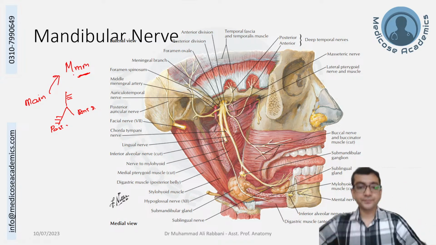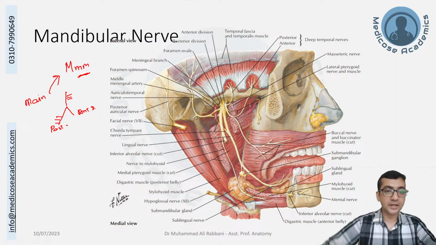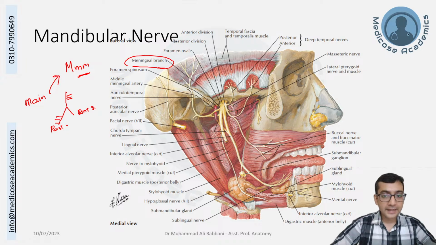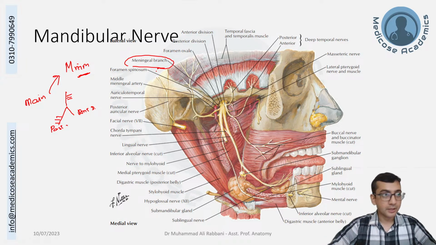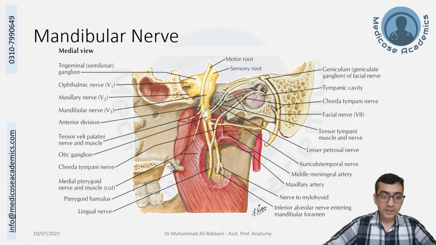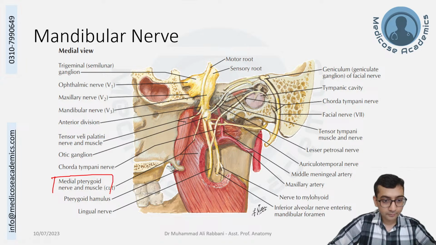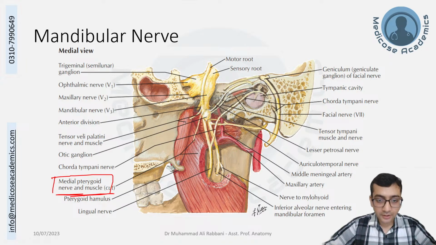The main trunk gives rise to a meningeal branch, and it gives rise to a nerve that is going to the medial pterygoid. This medial pterygoid you won't be able to see from the lateral aspect. You have to dive into the medial aspect. So it is shown here, the medial pterygoid nerve, this one.